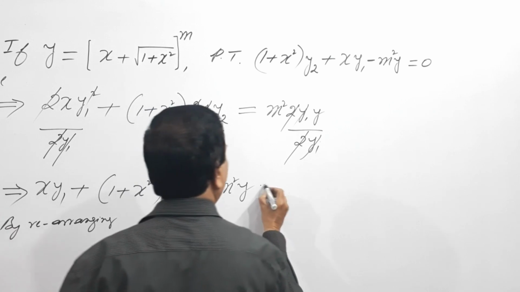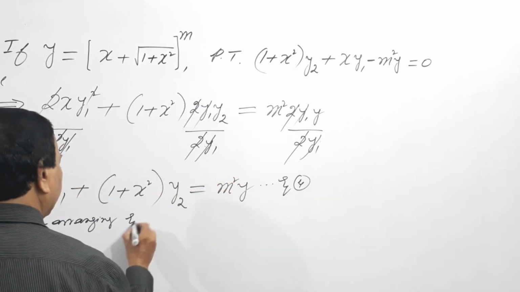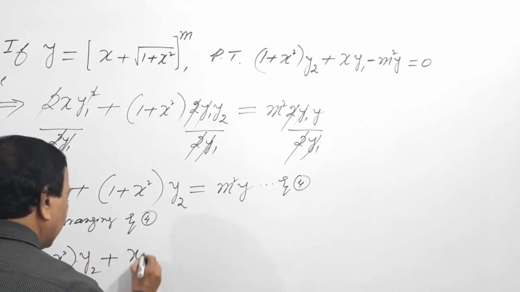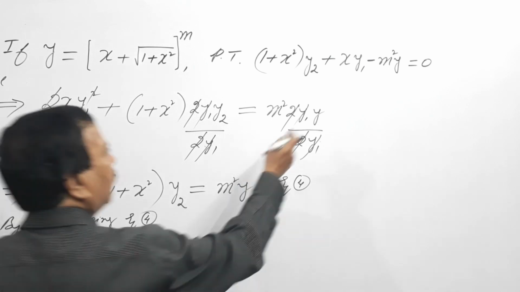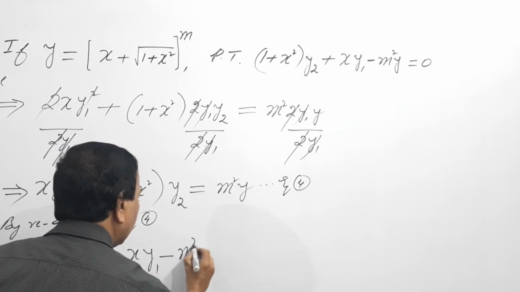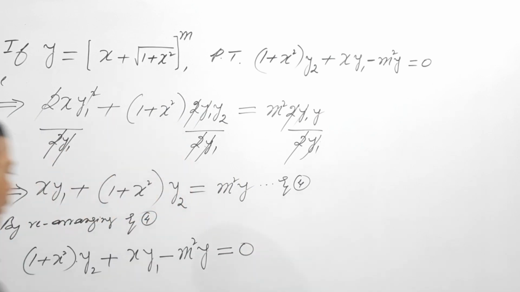I call this equation 4, that is 1 plus x squared into y2 plus x y1. He wants minus, so bring it to the left hand side, minus m squared y equals to 0.